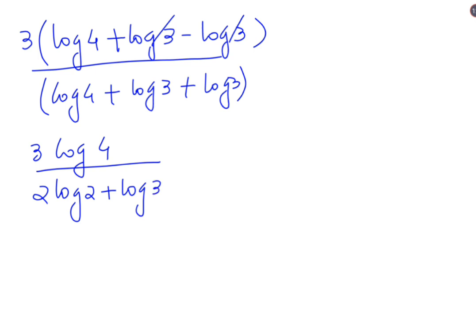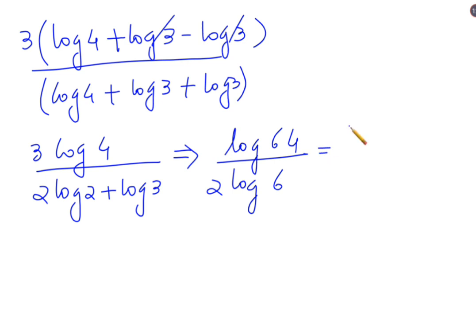Okay, so this can now be written as what? Log of 64 upon 2 times log of 6. Log of a plus log of b is nothing but log of a into b. So this can now be written as log of 64 upon log of 36.